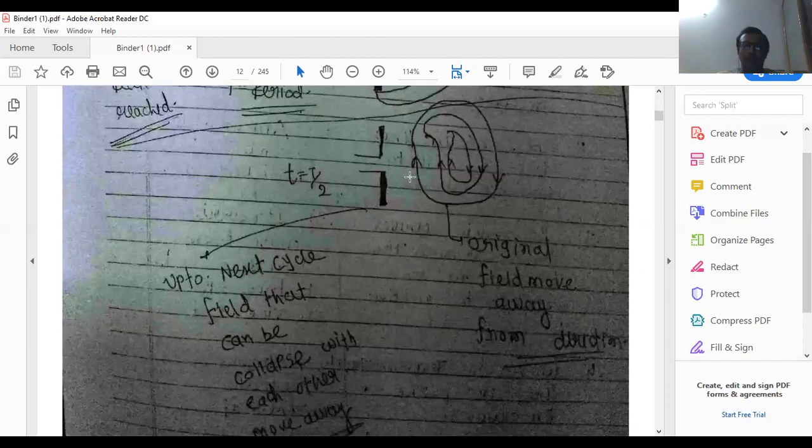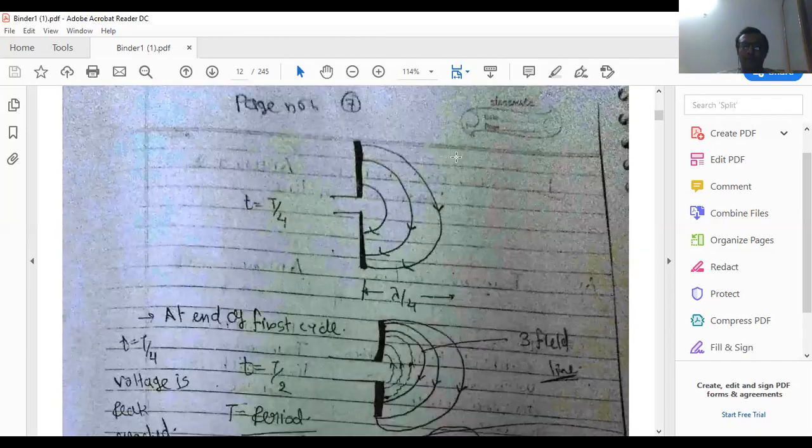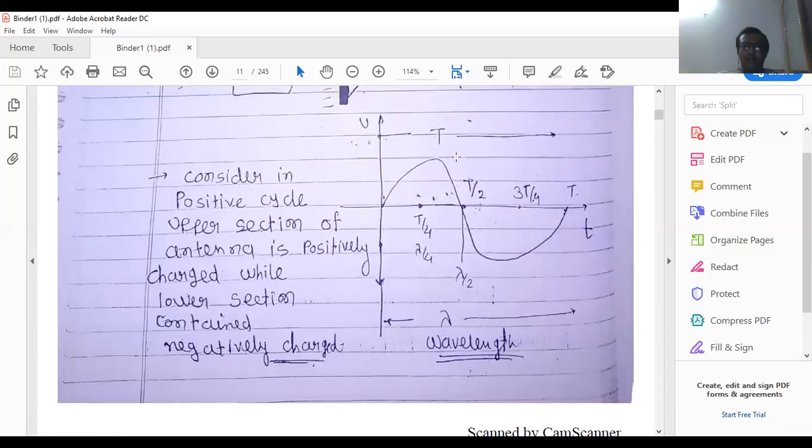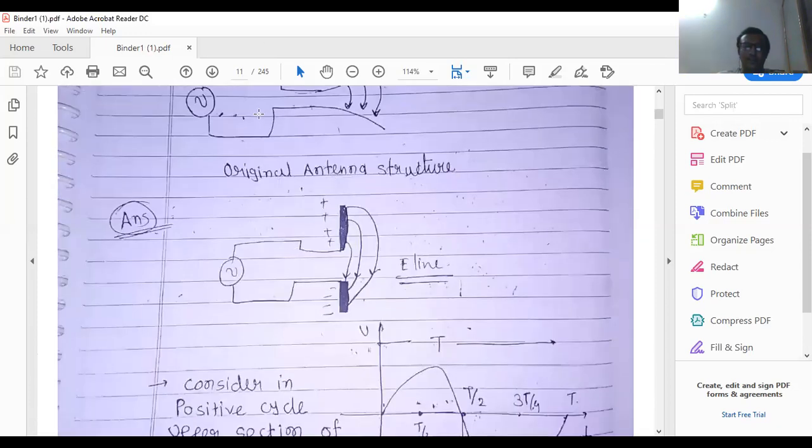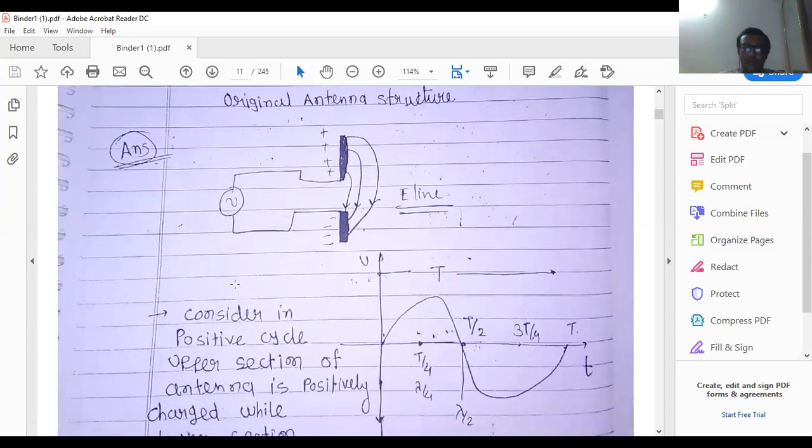At t equal to T by 2, if an electromagnetic wave travels from transmitter to receiver, consider this is the transmitter and this is the receiver. See here, t equal to T by 2.